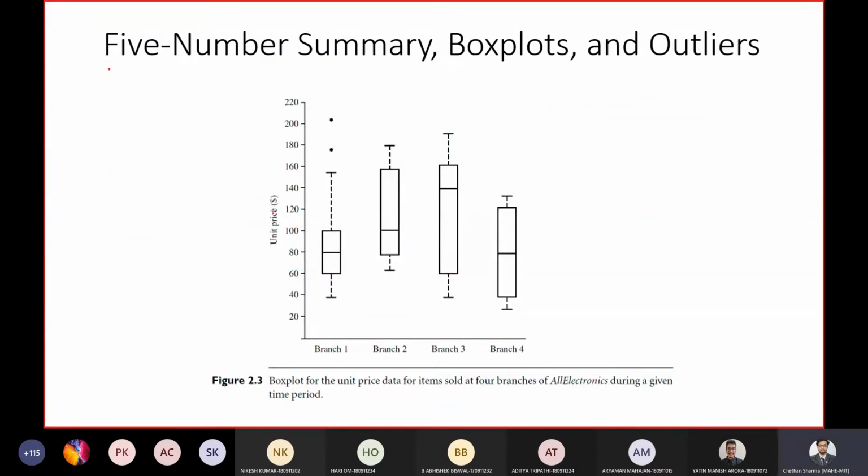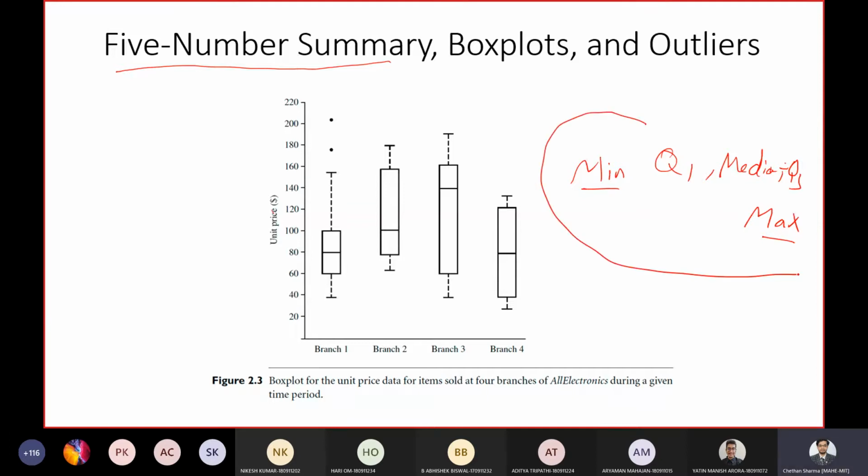So to solve that particular problem, we use something called the 5-number summary. Here, apart from Q1, Q2, that is the median, and Q3, we include the minimum value and the maximum value of the data set.